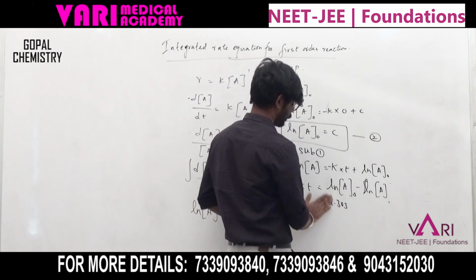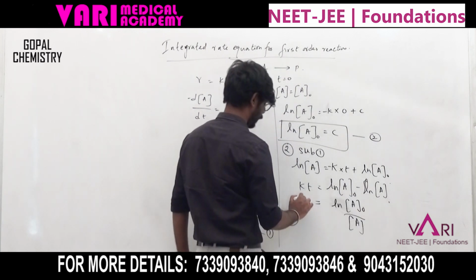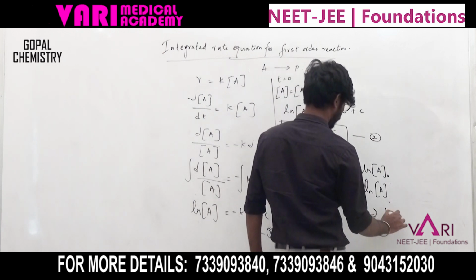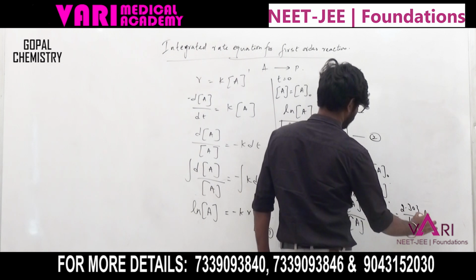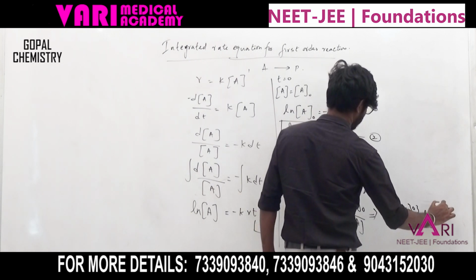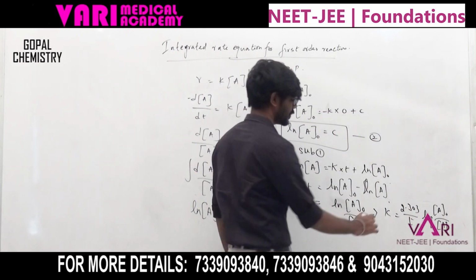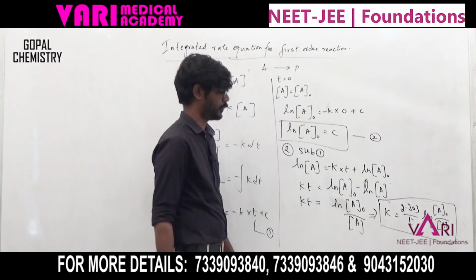In this step we can write this as k t equals 2.303 log of A naught by A. So this is the integrated rate equation for first order reaction.